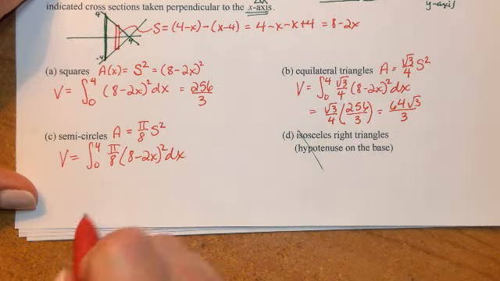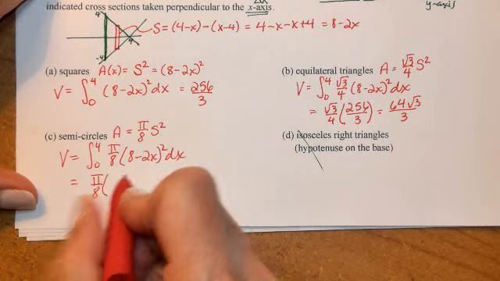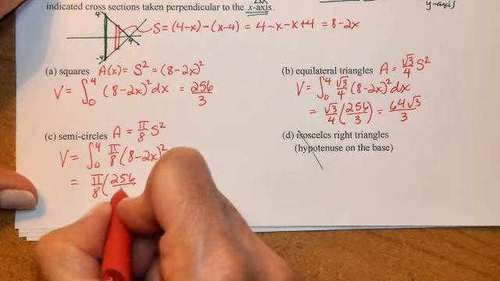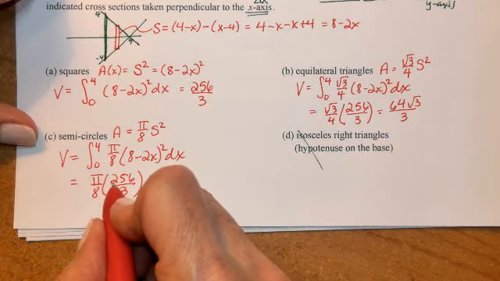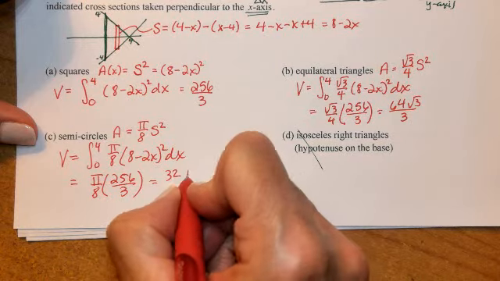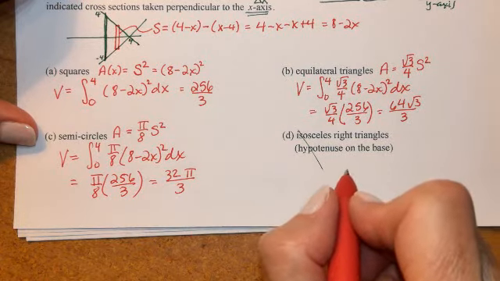Okay? So again, this will be pi over 8 times what we got from our first integral. And 8 goes into 256, 3, carry the 1, 2, 32. So 32 pi over 3 will be that reduction.